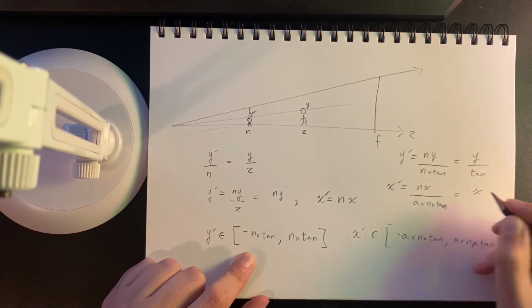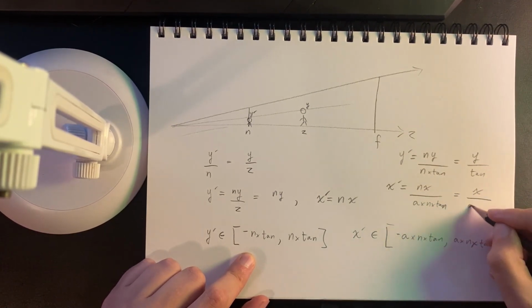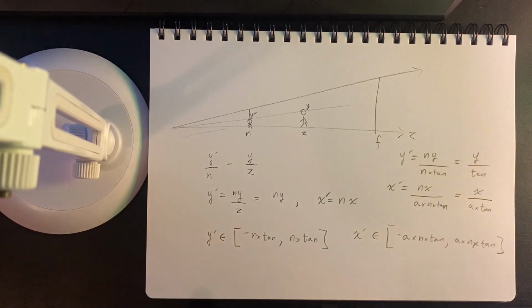And that comes out to x over aspect times 10. So this is ensuring that after we perform the perspective division, the points which are visible will be in the range -1 to 1.